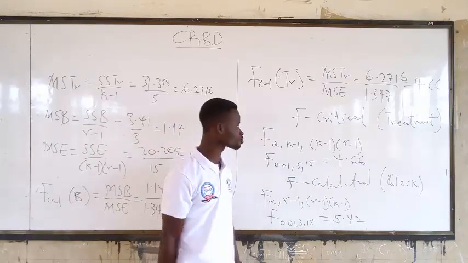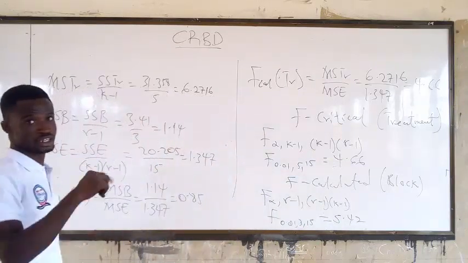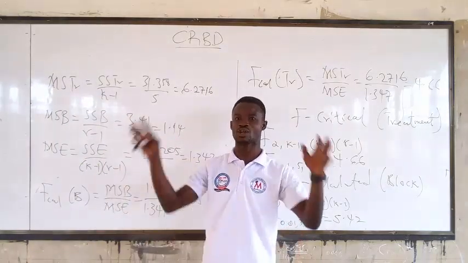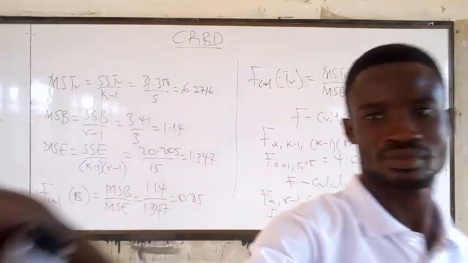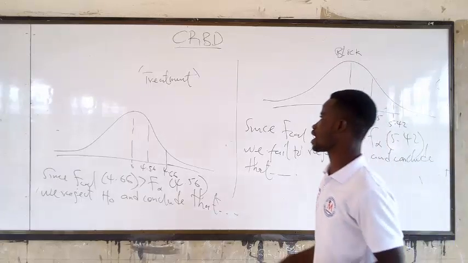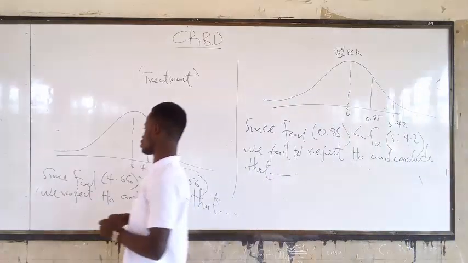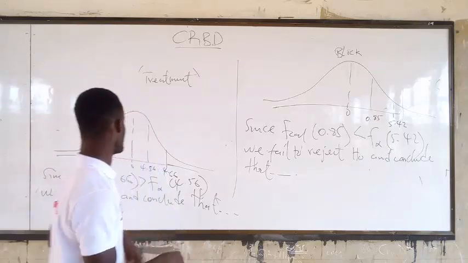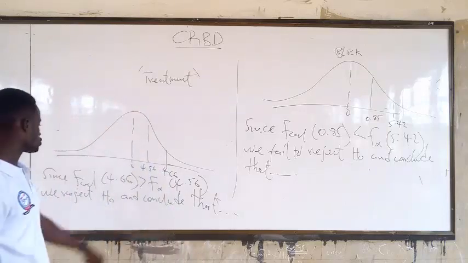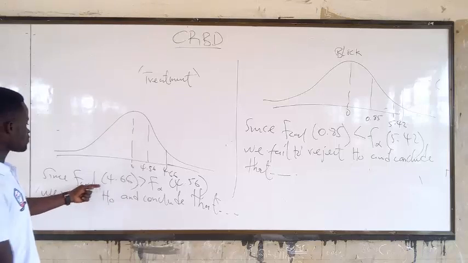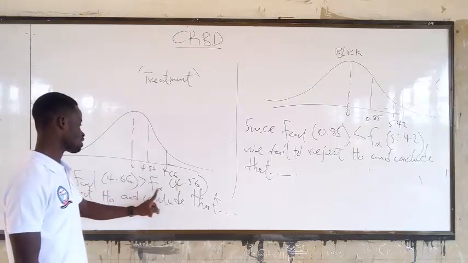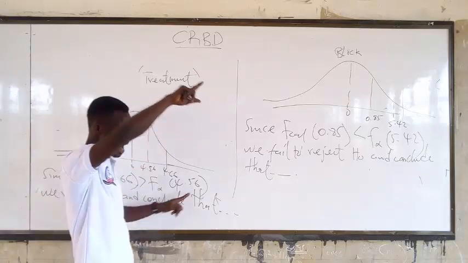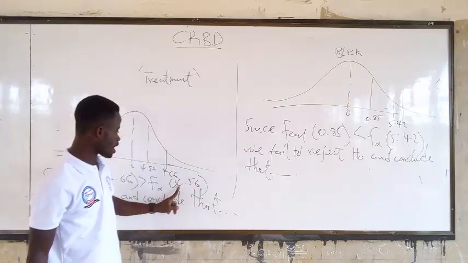Okay, so now let's see the decision and the conclusion and the ANOVA table. Let's see that on the treatment. So we are combining the decision and the conclusion. So you can see that since F calculated is greater than the F critical, please, I made a mistake there.